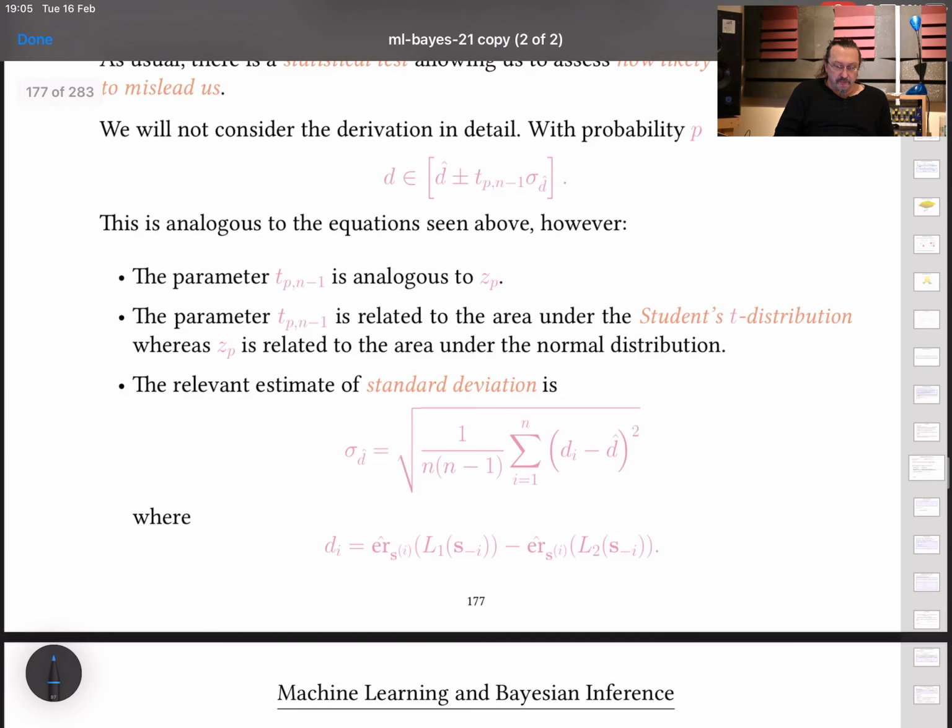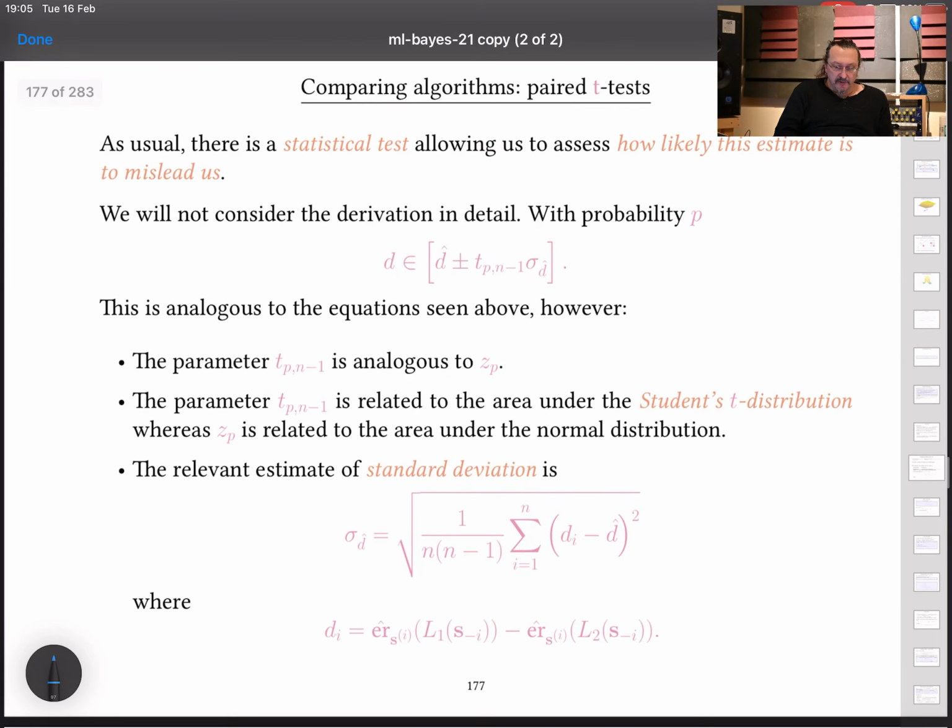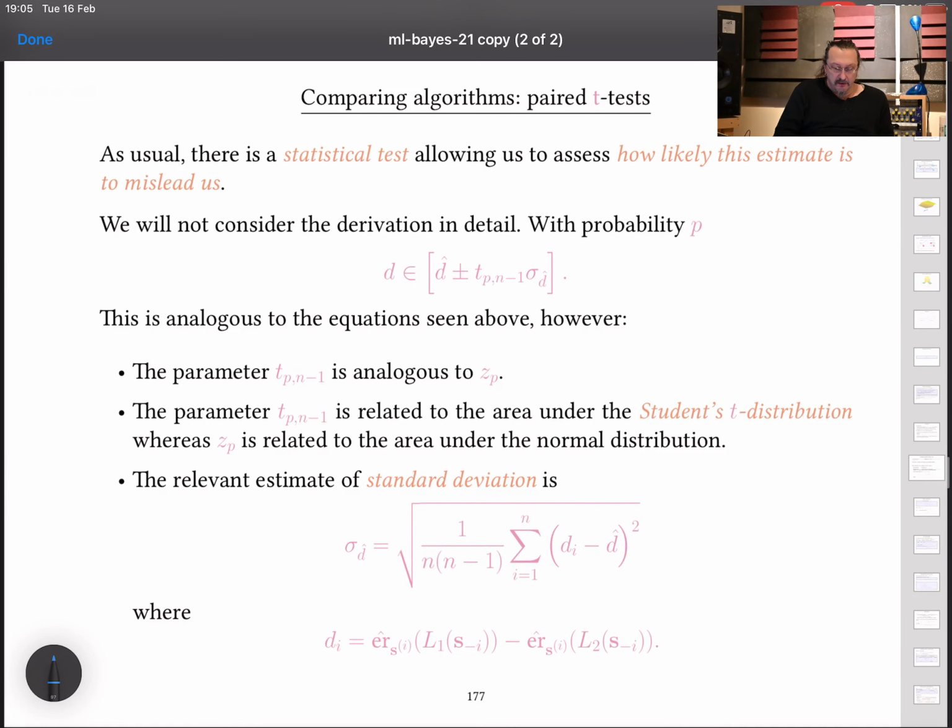Now, there is a statistical test that allows us to do exactly the same things with this approach to estimation as we did earlier in considering just individual classifiers rather than algorithms potentially trained on multiple copies of a training set.